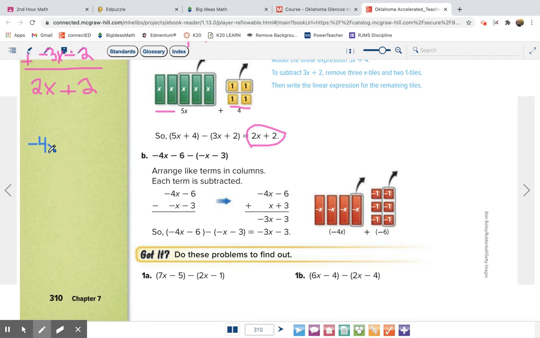Not sure why it's not in parentheses, but you get the gist. Minus, so now I'm going to change that to a plus because I am doing keep, change, change. So I'm going to change the sign of everything in that second parentheses. So negative x minus 3 is going to become positive x plus 3.